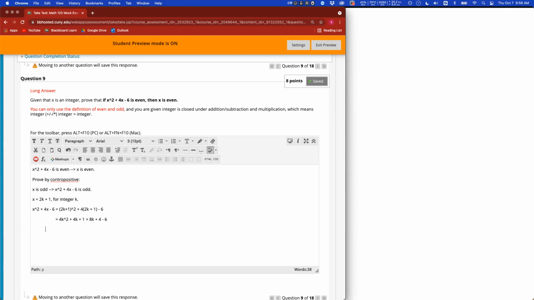Now if you combine the like terms or simplify the equation, you will get 4k squared plus, you have 4k plus 8k, so you get 12k. And you have 1 plus 4 minus 6, you get minus 1.